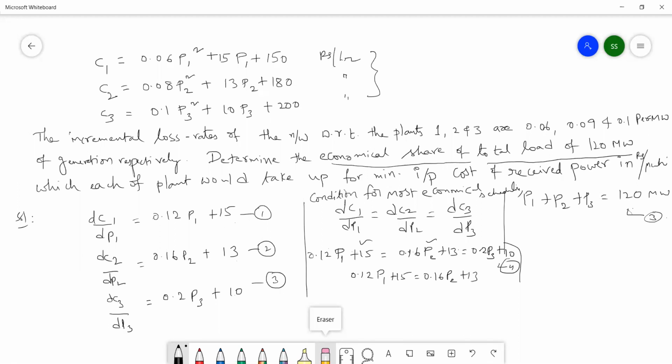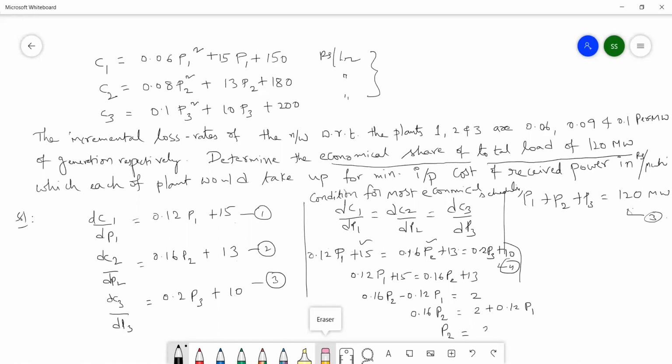Now the equation is in terms of P1 and P2. 0.16 P2 minus 0.12 P1 equals 15 minus 13, that is 2. So 0.16 P2 equals 2 plus 0.12 P1.